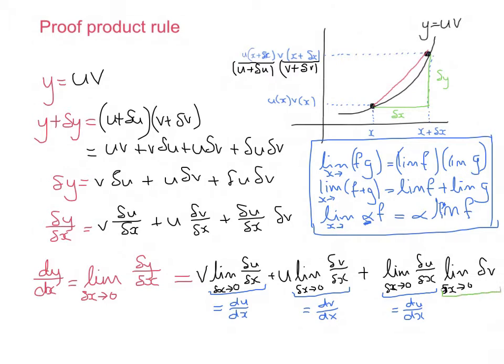Now, if we imagine a graph just of the function v, so nothing to do with the product uv, just the function y equals v of x, and we imagine changing x a little bit, this much delta x, and then we measure how much v changes, delta v. Now what would happen as we shrink that delta x in and in towards 0?